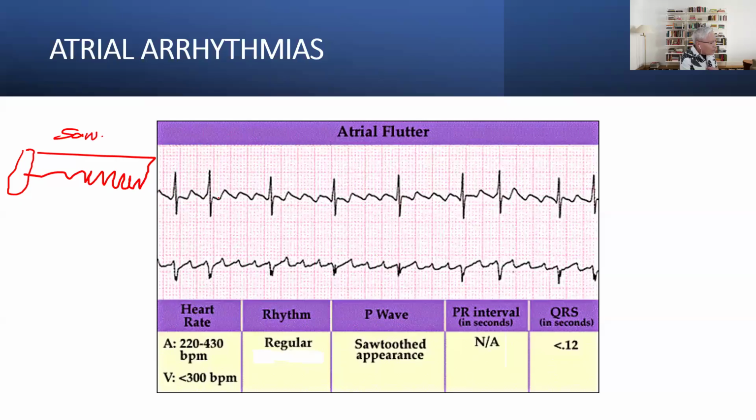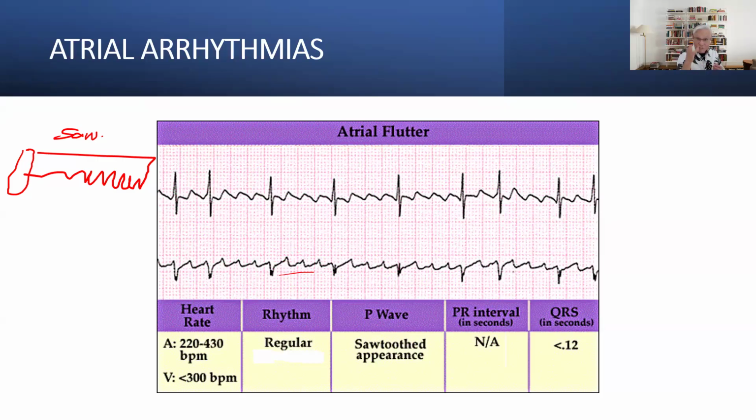So notice this electrocardiogram, it looks like there is a sawtooth pattern. This is what is known as atrial flutter. And this represents that the atria are contracting or depolarizing at a very rapid rate. So instead of the atria doing like this, in flutter, it's going like this.